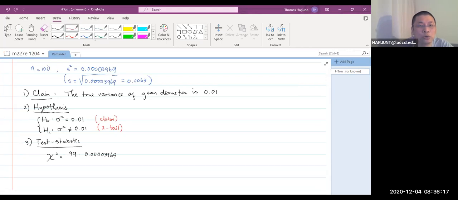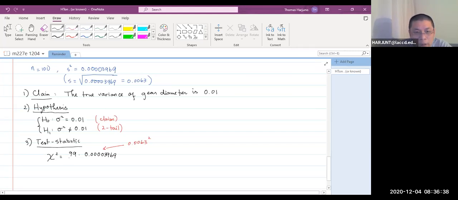You can also use, of course, 0.0063 squared. It depends on what number you use there, but keep in mind that the place is for sample variance, not for sample standard deviation.